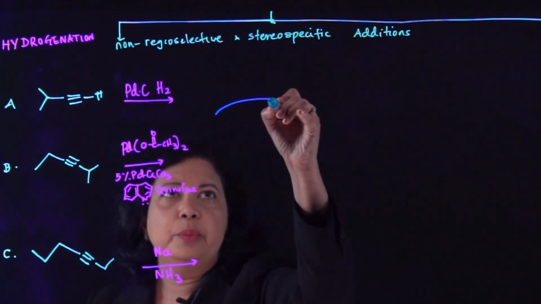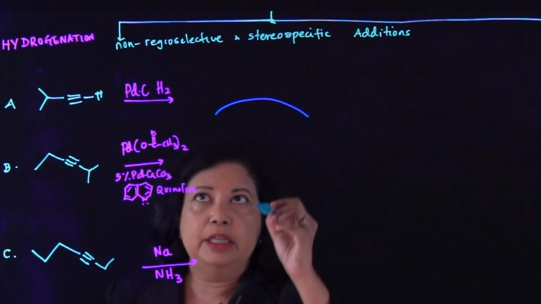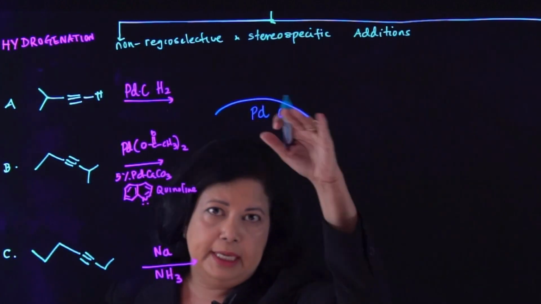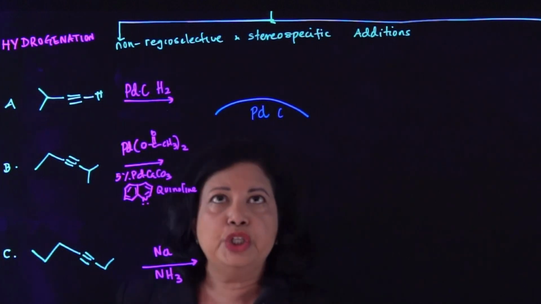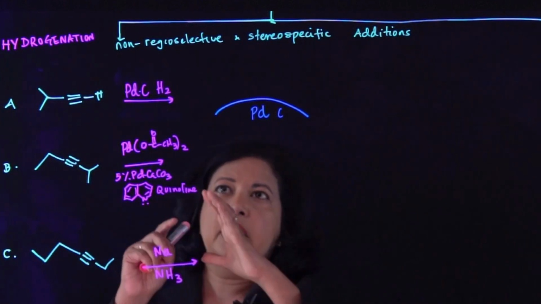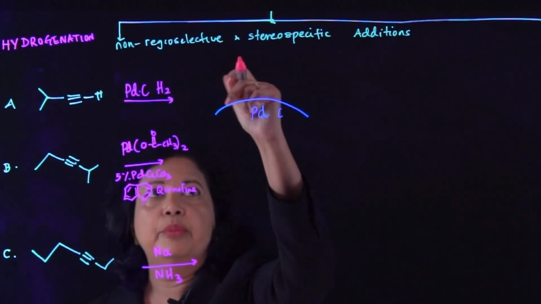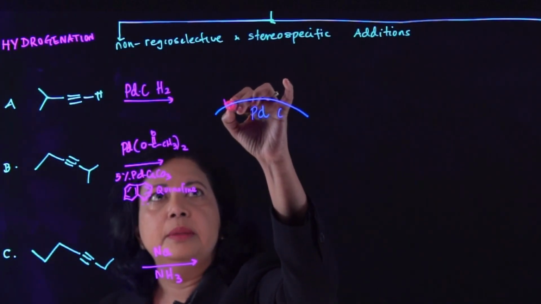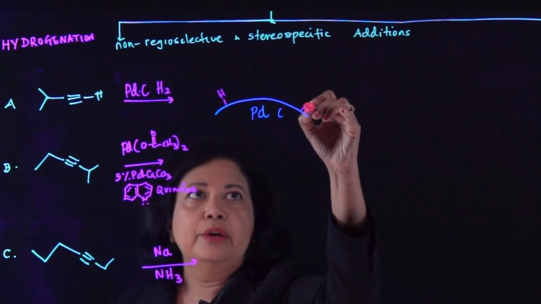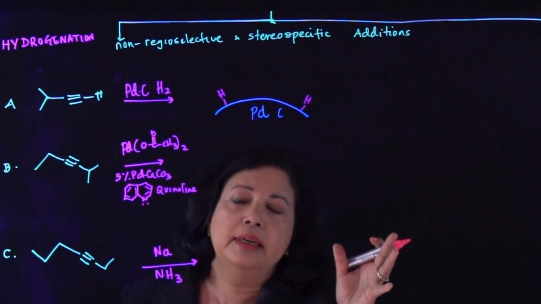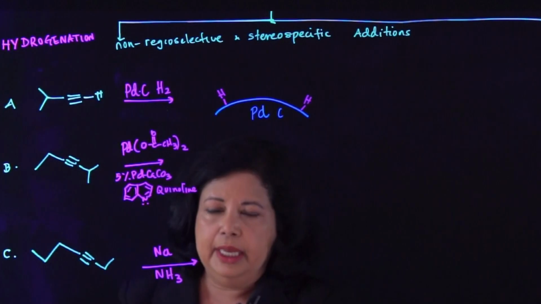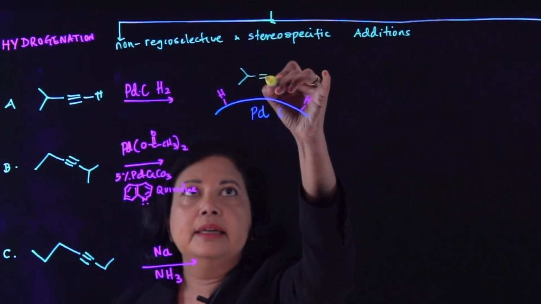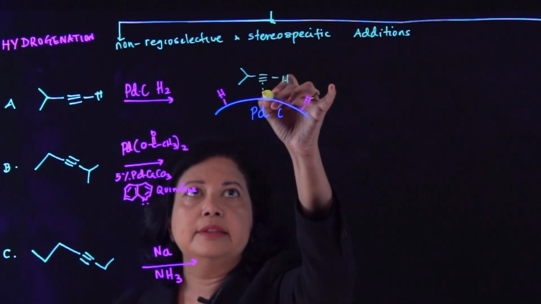There are lots of different pathways, and I'm just going to say that if this is your palladium with carbon, and there'll be layers of it, the hydrogen would come in and get absorbed. So the hydrogen bonds here would break, and they would form bonds to the palladium. It's like grass that grows on the top. Then on top of that, you're going to have the alkyne also get absorbed onto the surface.